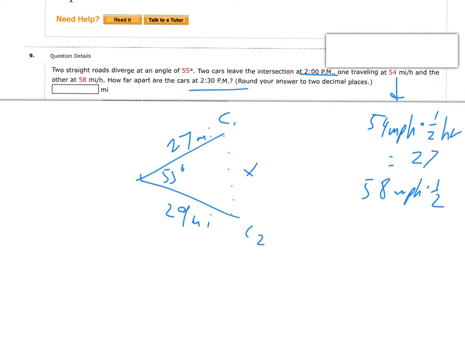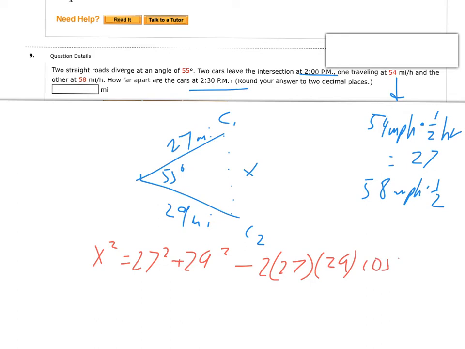And so now it looks like I can solve this by using law of cosines since it's a side angle side. So I'm just going to say x squared equals 27 squared plus 29 squared minus 2 times 27 times 29 times cosine of 55.